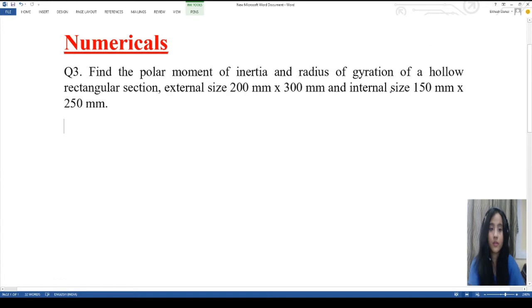Now let's solve the third numerical. Find the polar moment of inertia and radius of gyration for a hollow rectangular section, external size 200 mm into 300 mm, internal size 150 into 250 mm. So this time the geometrical section given is a hollow rectangular section. Its sizes are given as 200 for the external rectangle into 300.